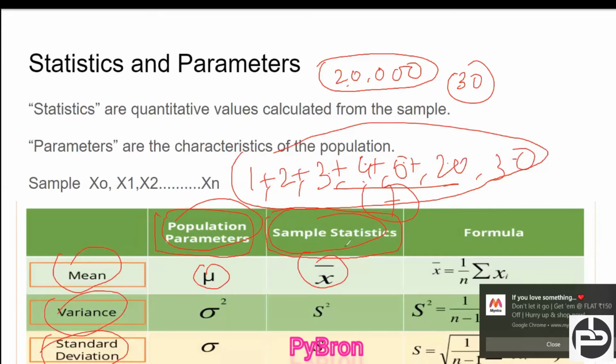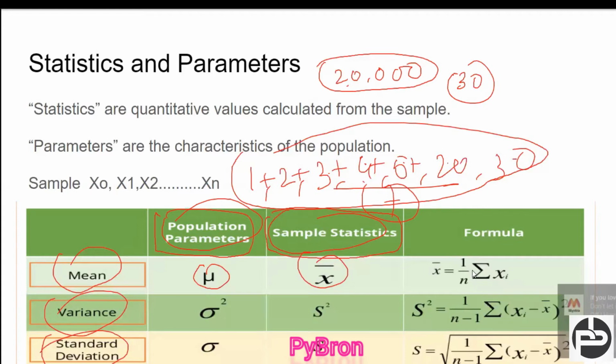And formula-wise, everything is the same for the population and for the sample. Now variance and standard deviation, we will discuss in depth in a while. For now, hope you understood the mean formula.